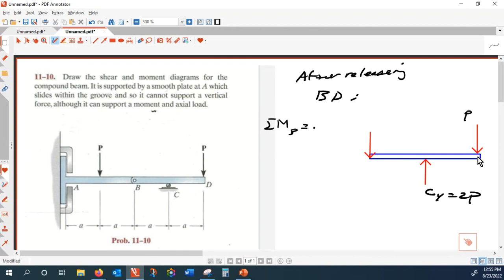And if I take moment of rotation with respect to D equal to 0, that gives me By is equal to P.